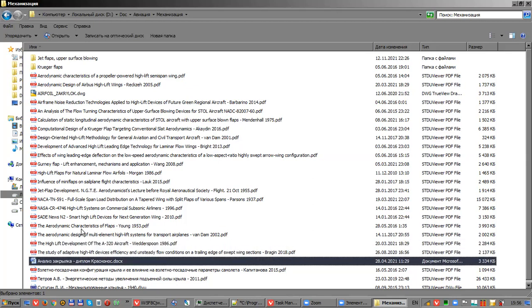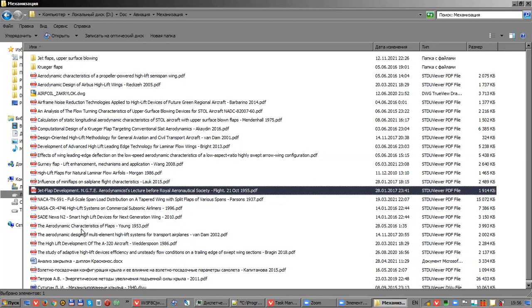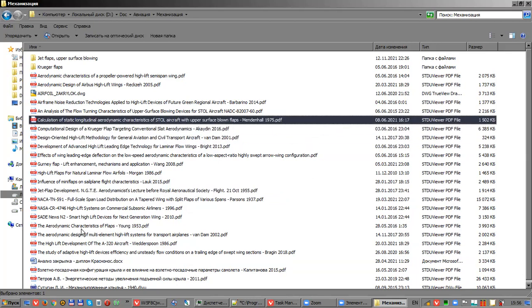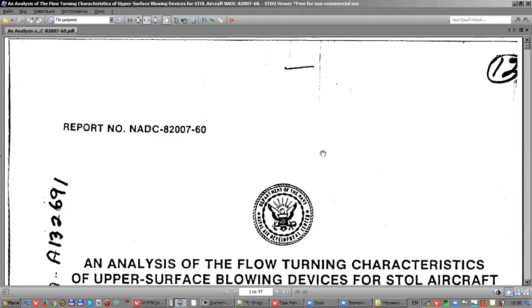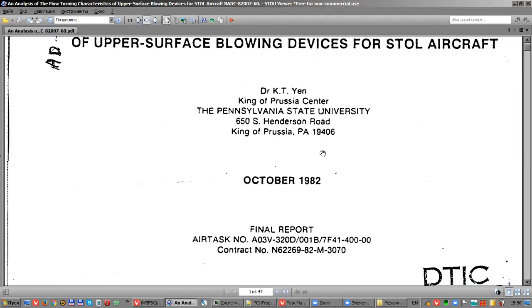No, I don't see it. Look at this, for example. This is about upper surface blowing. Maybe about Japanese, but I don't know. So mostly the increment depends on two factors: how much speed your engine produces.